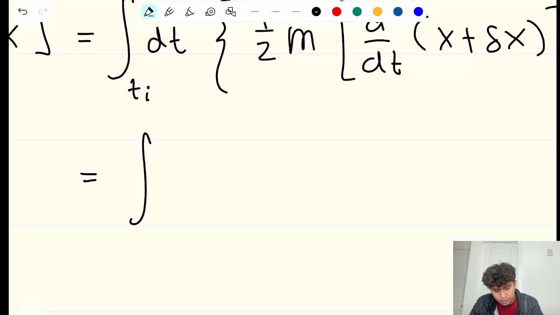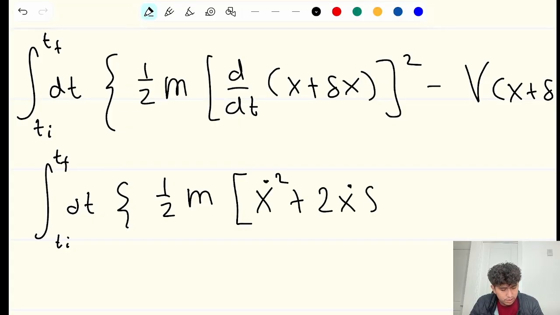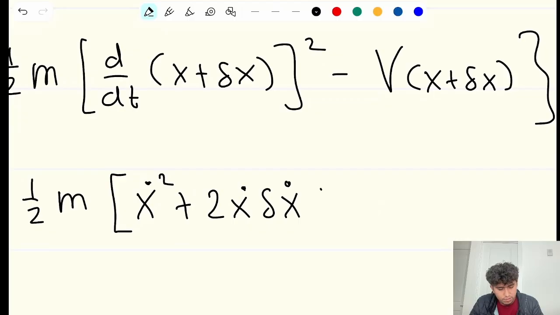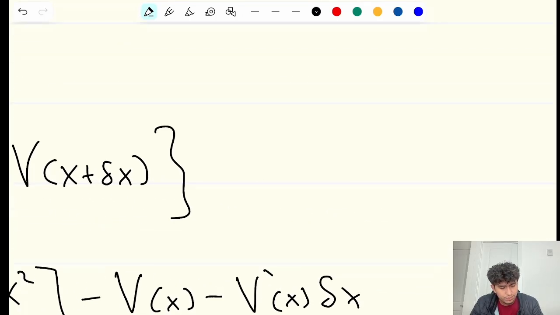Okay, so then we can just do the following: dt half m. Here I'm just going to use the dot notation, x dot squared plus 2 x dot delta x dot plus delta x dot squared, minus b of x. Here I'm going to use a Taylor expansion. If you remember what a Taylor expansion is, here you go.